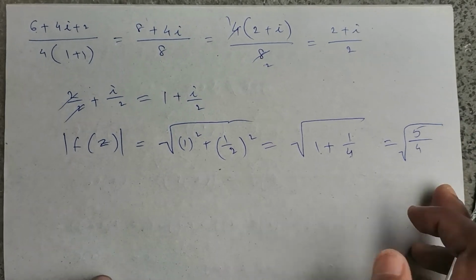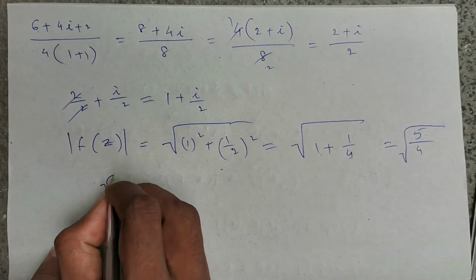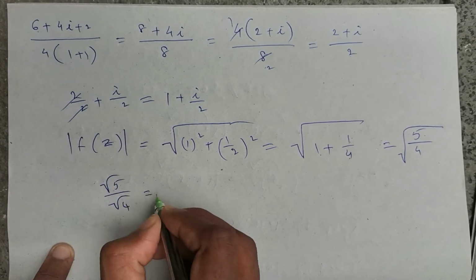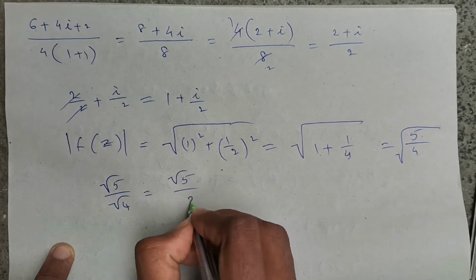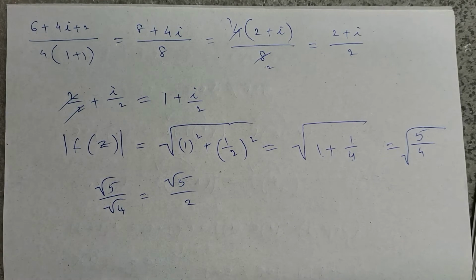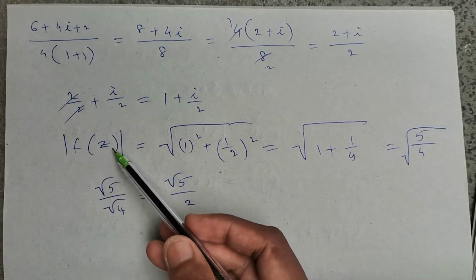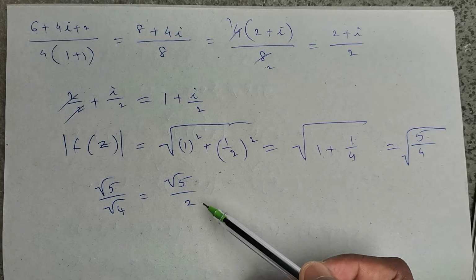So if we simplify this, root 5 by root 4, root 5 as it is divided by root 4 is nothing but 2. So we got modulus f of z is equal to root 5 divided by 2.